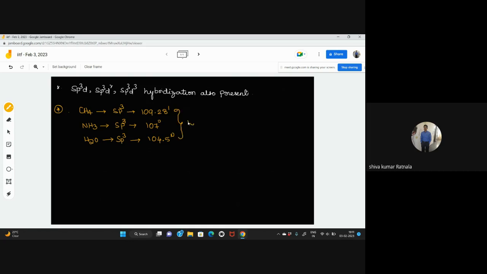So why is this difference there? As we know, if the bond angle changes, then obviously their structures also change. Are you getting what I'm trying to say, students?